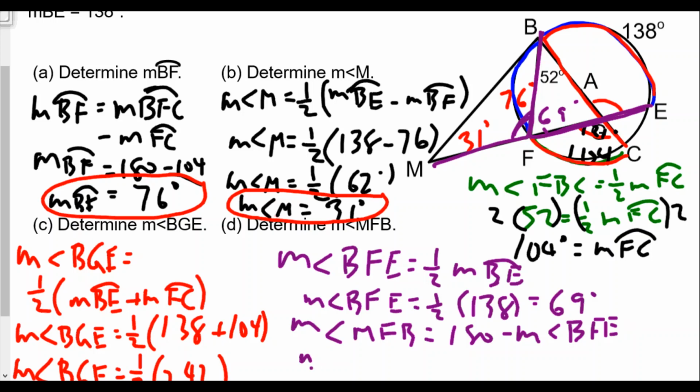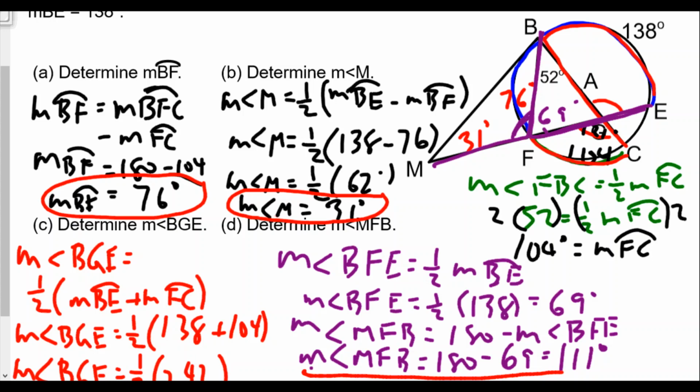So the measure of angle MFB equals 180 minus 69, which is 111 degrees. Okay, and so here we needed to find a lot of different pieces, and they kind of work together, but you had to find other things first. It just shows that a lot of these questions require a lot of different steps.